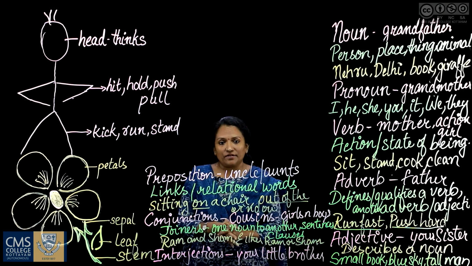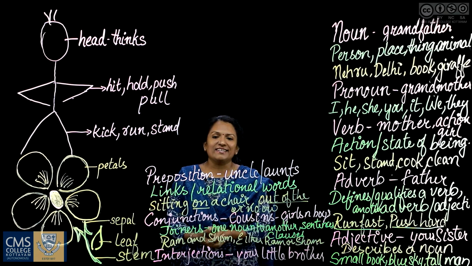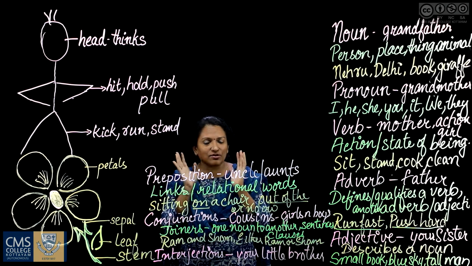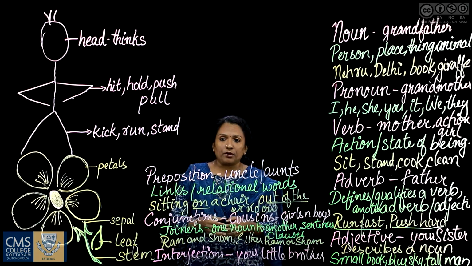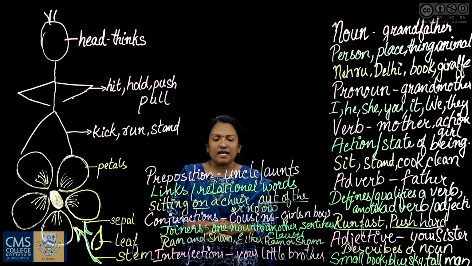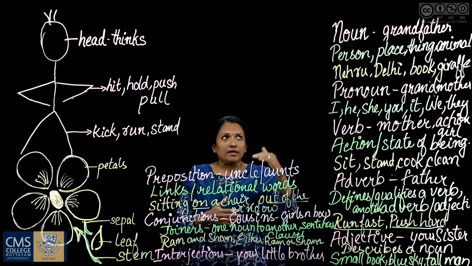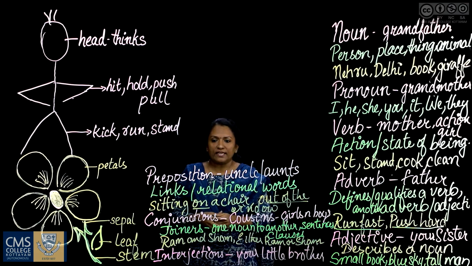In grammar, we already know these are little lessons from your childhood that you've been hearing and yet do not want to hear. The parts of speech. We have 8 parts of speech, and I have written them down here in order.